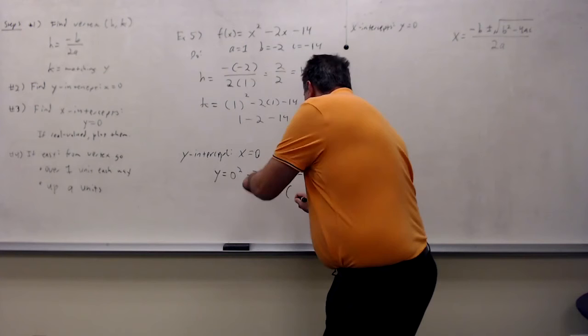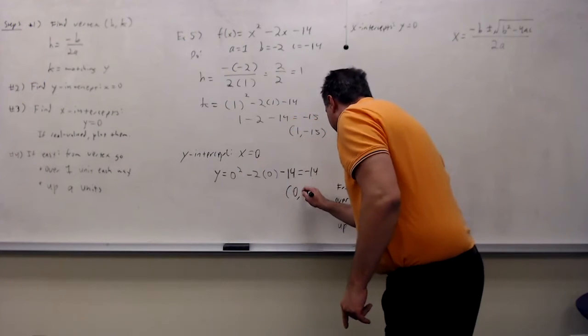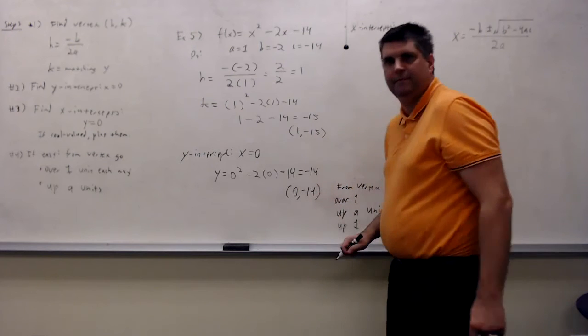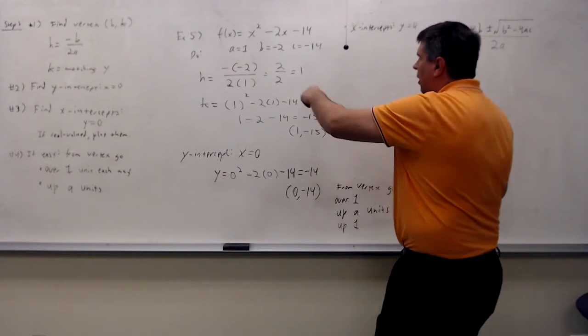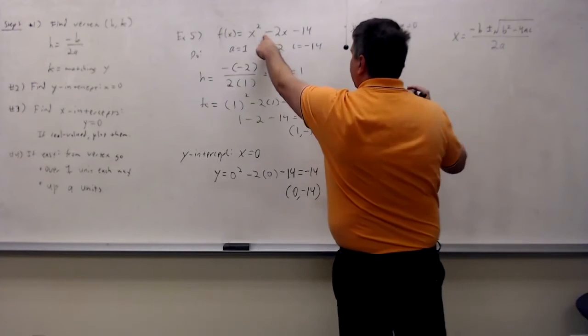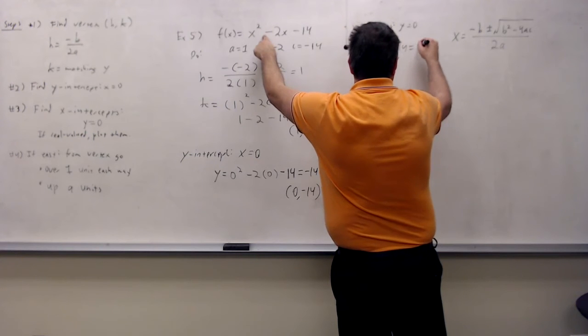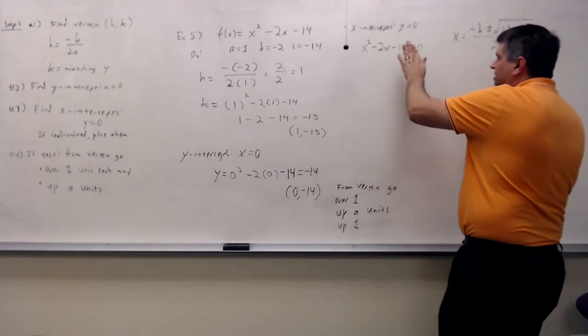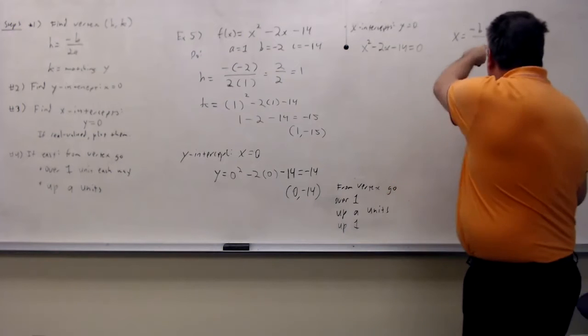So I have (0, -14). Okay? At the x-intercepts, y is 0, and I left the quadratic formula up for a reason. x squared minus 2x minus 14 is 0. There's no pair of factors of negative 14 that add to negative 2. So we're going to have to use the quadratic formula.